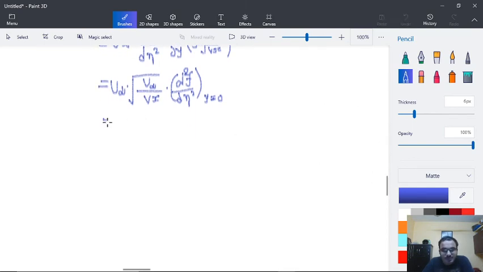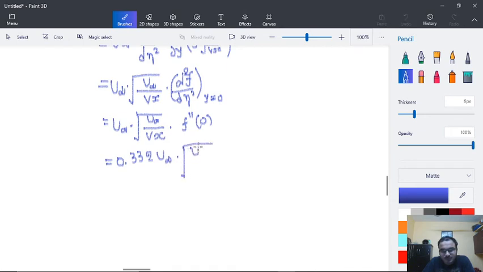So here we can further write down this as u infinity into square root of u infinity divided by nu into x into f double prime 0, and the value of f double prime 0 is 0.332 u infinity into square root of u infinity divided by nu into x, and this is the value of ∂u/∂y at y equal to 0.